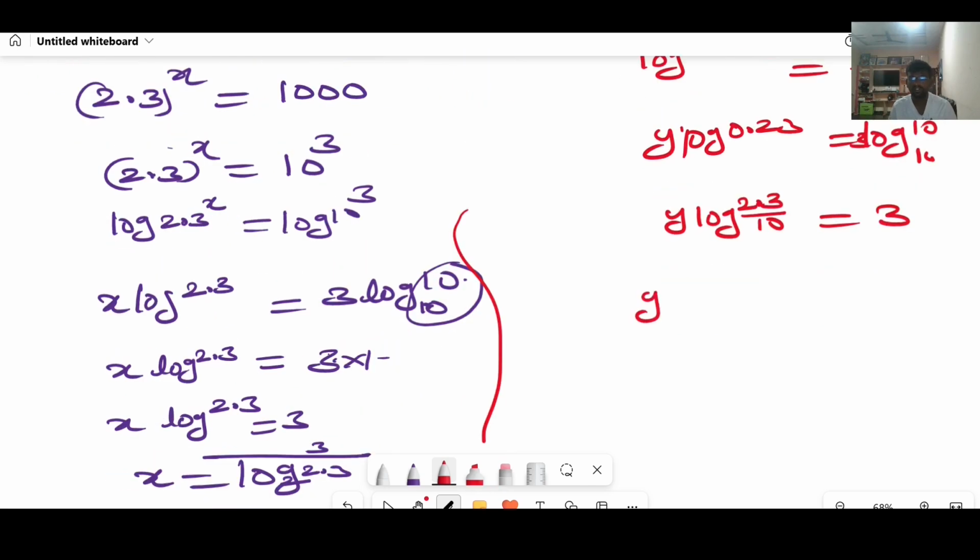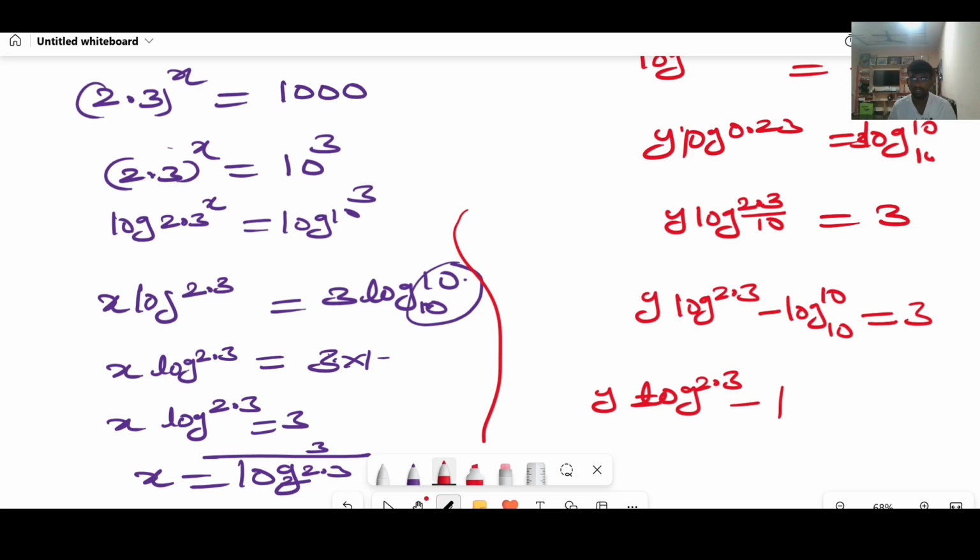Now I can write y (log 2.3 minus log 10) by the quotient rule, right? y log 2.3 minus 1, log 10 to the base 10.